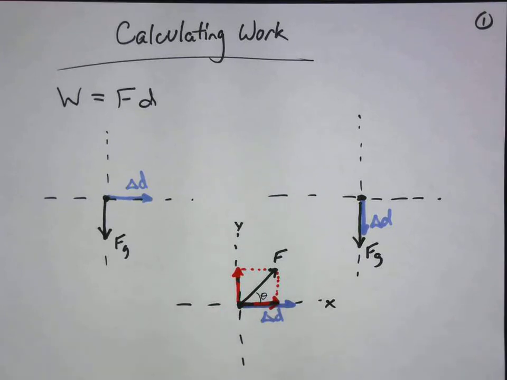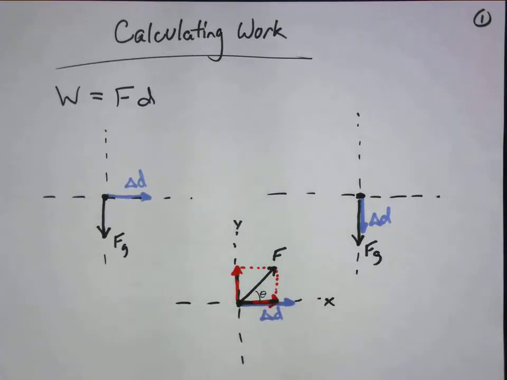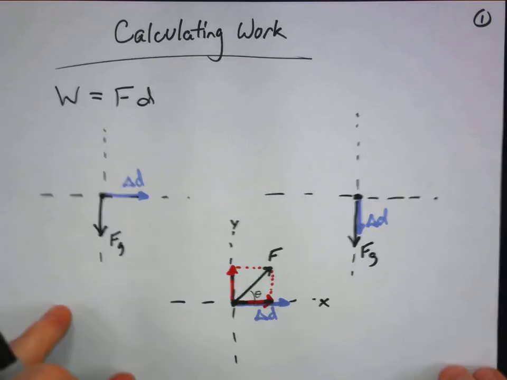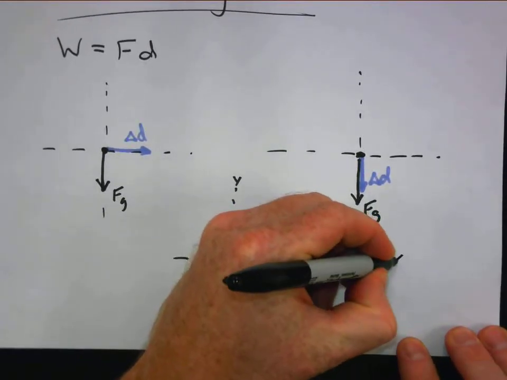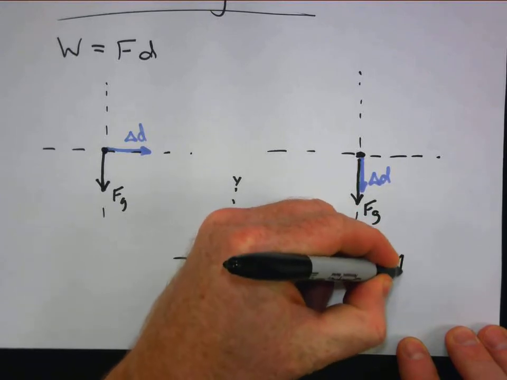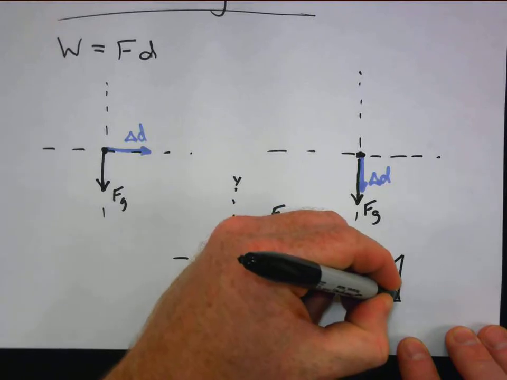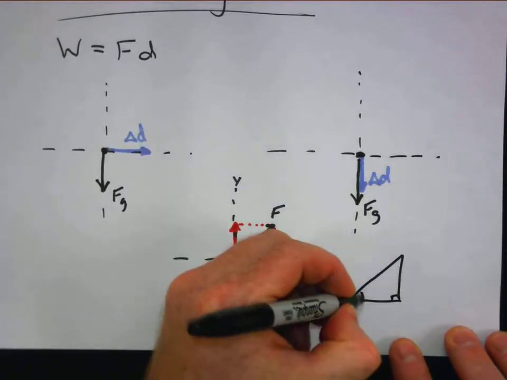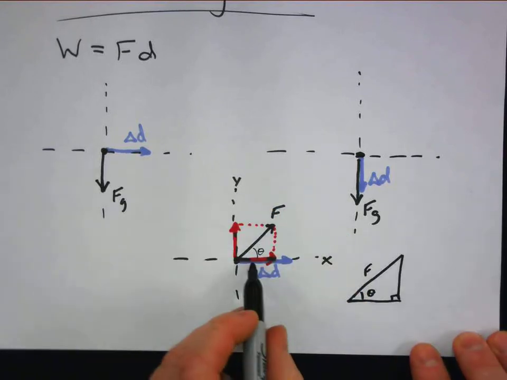So check this out. You can kind of see a right triangle that we've created here. And if I just kind of redraw that triangle, there we go. Here's angle theta. And here's the force. Well, remember, it's this component here.